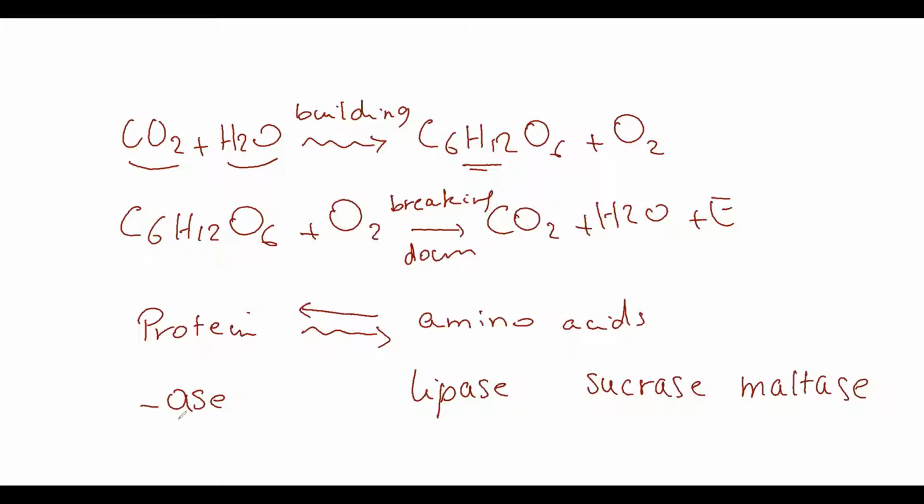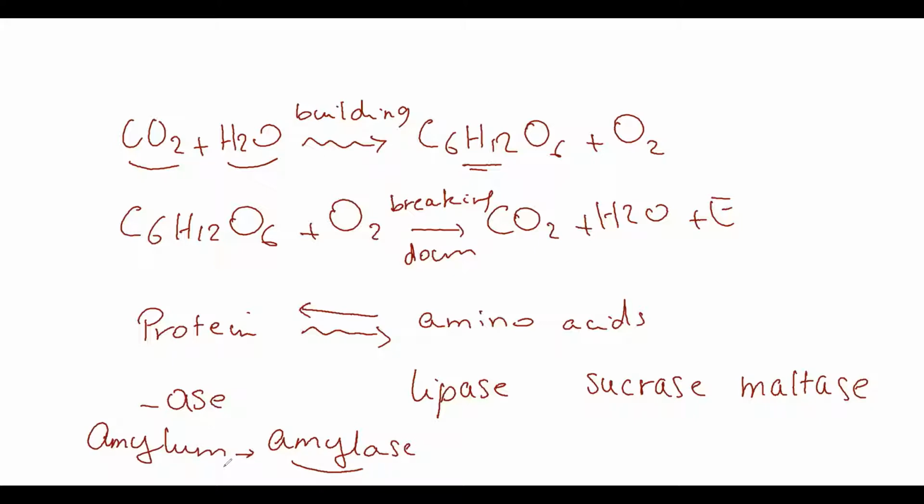Will it be starchase? No, it is an enzyme called amylase that breaks down starch. Where does this come from, amyl? Because the scientific name of starch is amylum. That's why its enzyme that breaks it down is amylase.